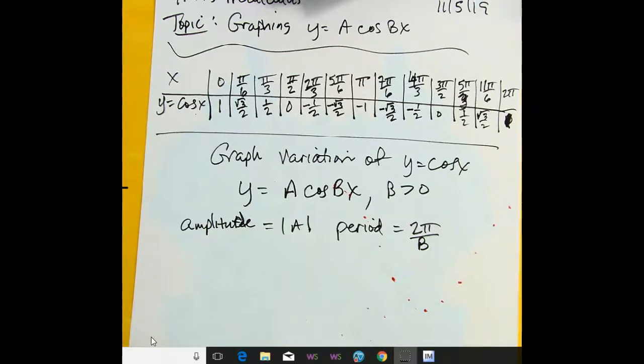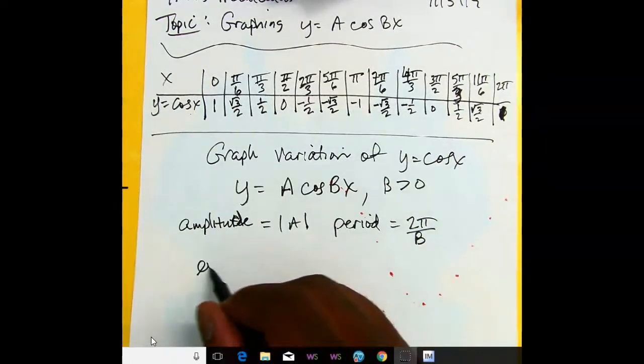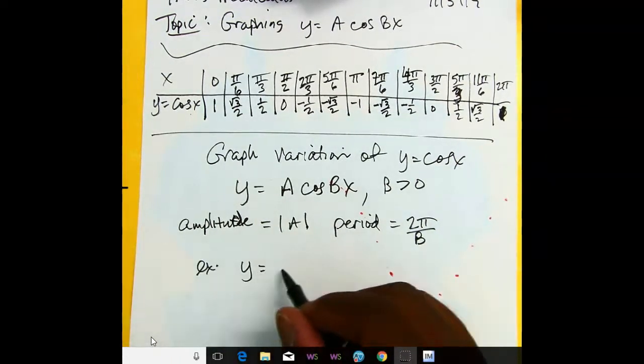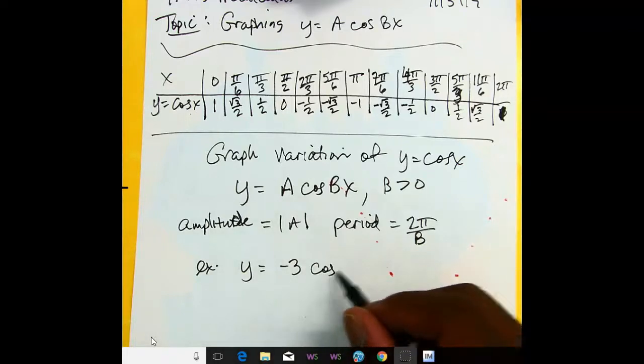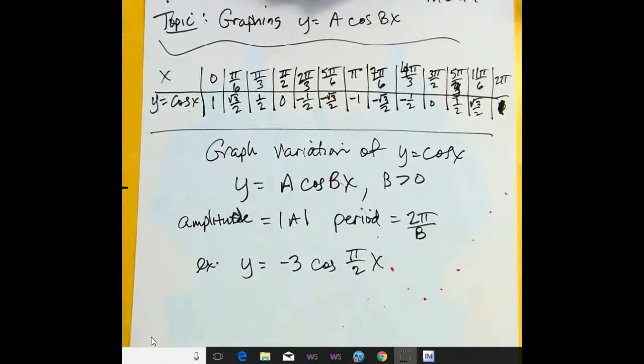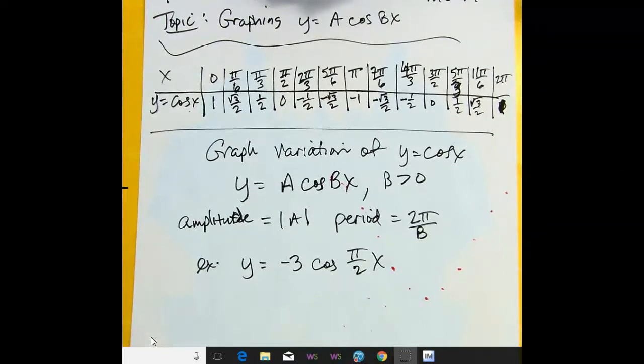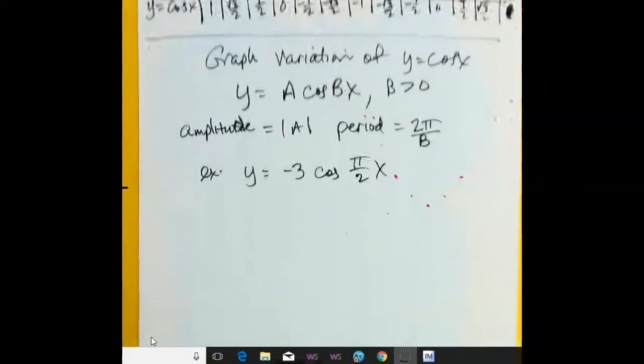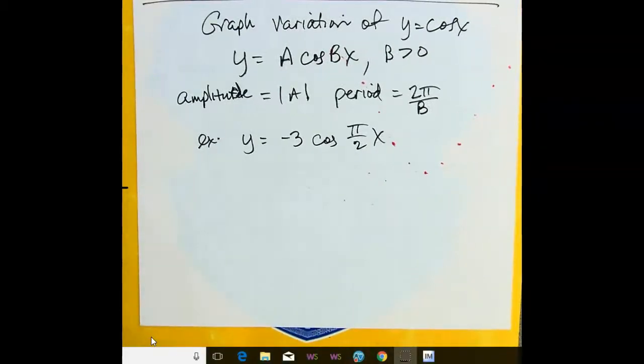Okay, so let's take a look at this example. Our example is y equals negative 3 times the cosine of pi over 2 times x.